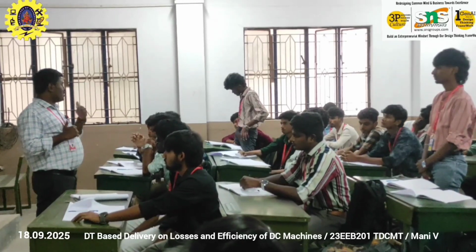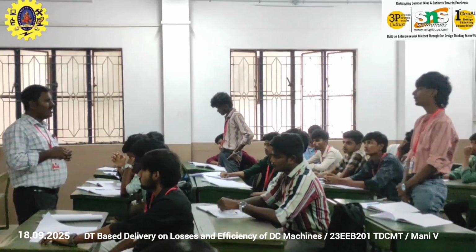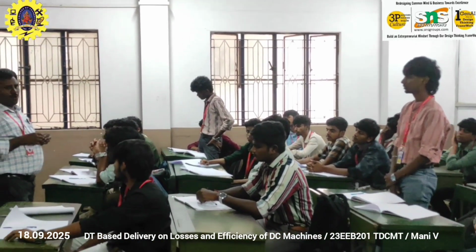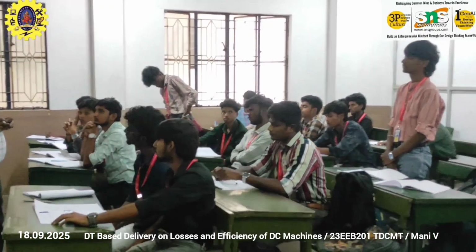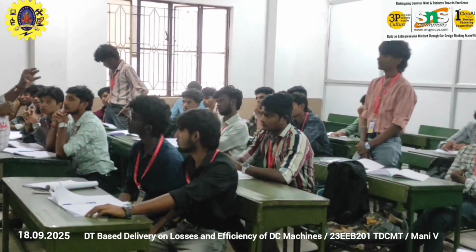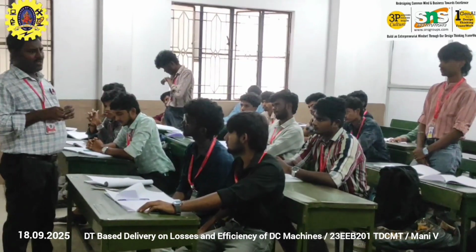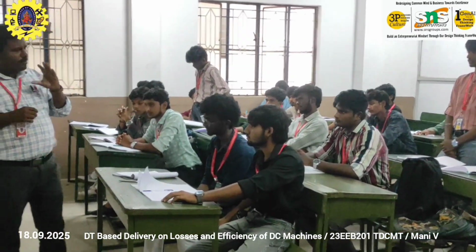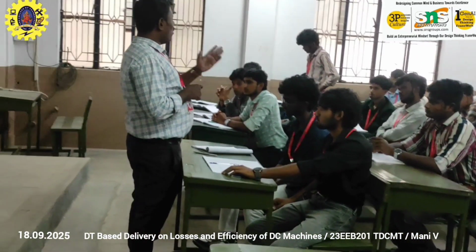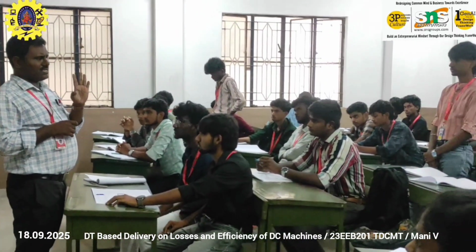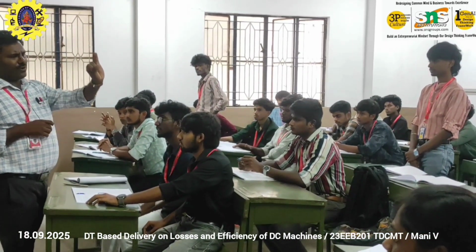Okay. And by laminating the core properly, the eddy current losses can be minimized. So the core loss consists of two losses: one is hysteresis and the other is eddy current.